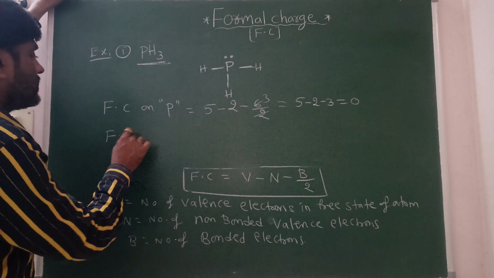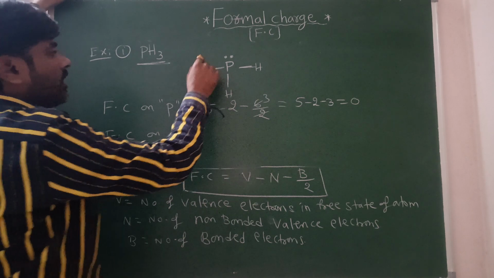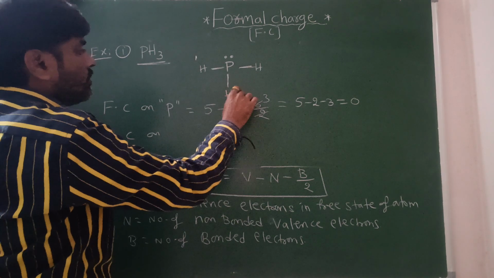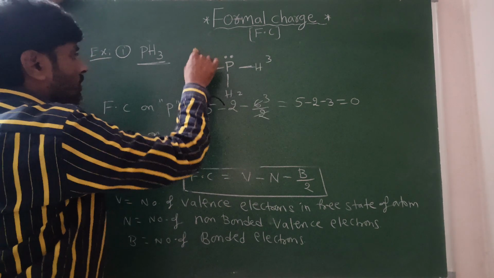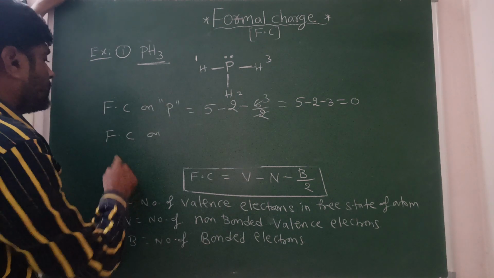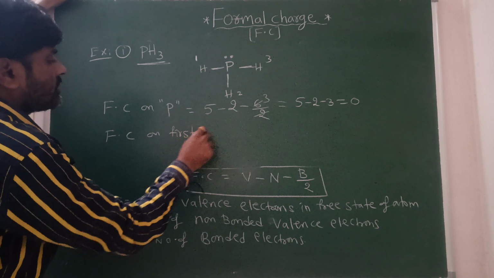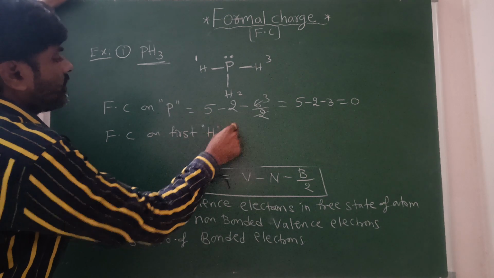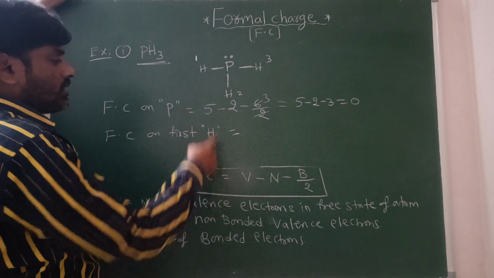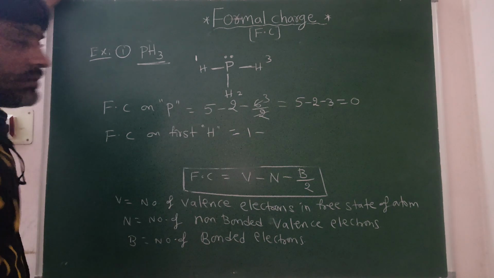Now we have 3 hydrogens here: 1, 2, 3. First we calculate the formal charge on the first hydrogen. Valence electrons in hydrogen is 1, because the hydrogen atomic number is 1.